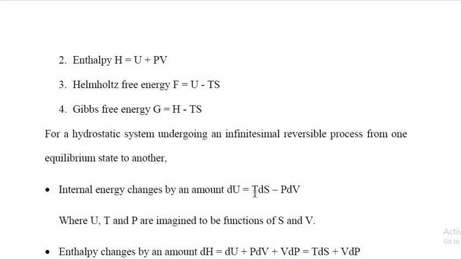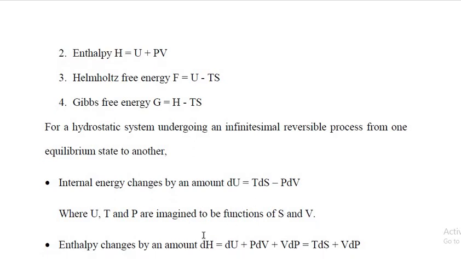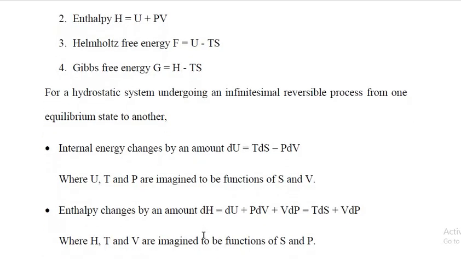These equations we saw while explaining internal energy. So U, T and P are imagined to be functions of S and V. Similarly, enthalpy changes by an amount dH is equal to dU plus PdV plus VdP, because H is equal to U plus PV.